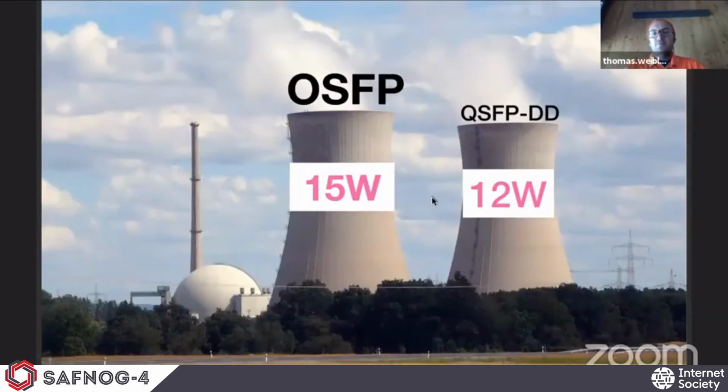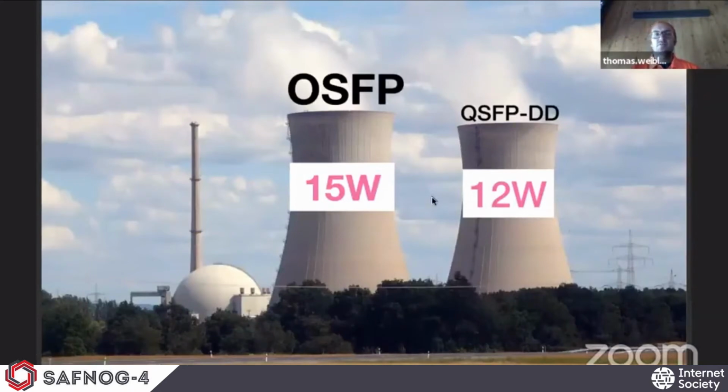These figures are really important to know, because when you imagine you have a 1U switch with 32 ports of 400 gigabit, this will end up with roughly 500 watts just for the transceivers on the optical side, first of all in power consumption and then in heat dissipation.